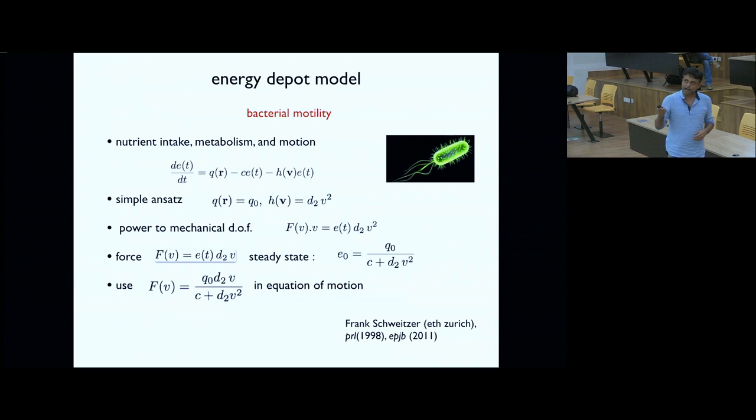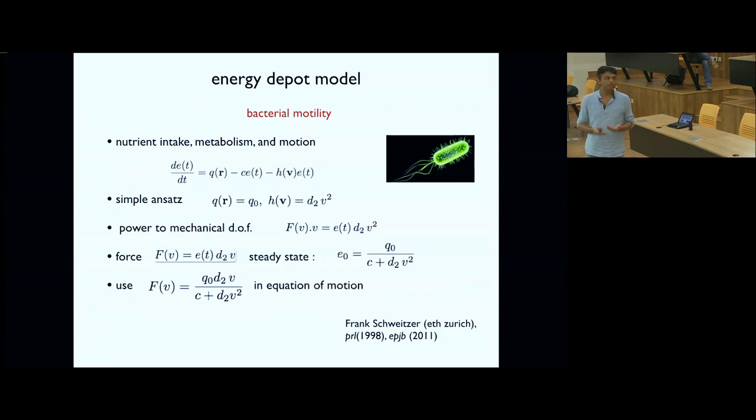So that part of energy, if I write it down, is like an energy dissipation, which is like a force times a velocity. And this force will go to the motion making of the bacterium. That force will then be given by the instantaneous energy of the bacterium, E(t), times this velocity.